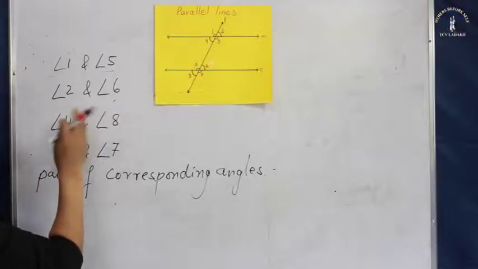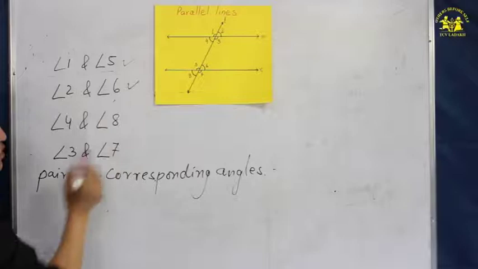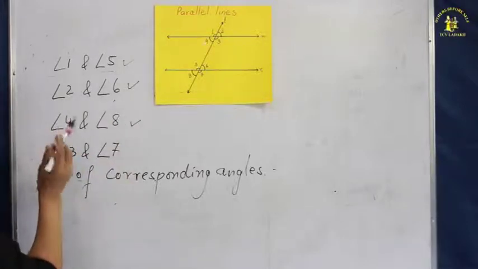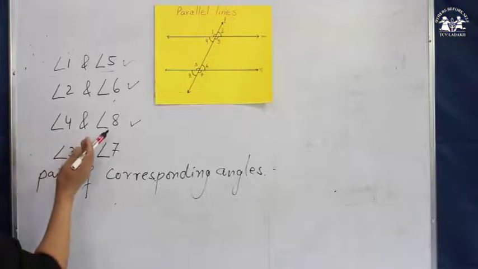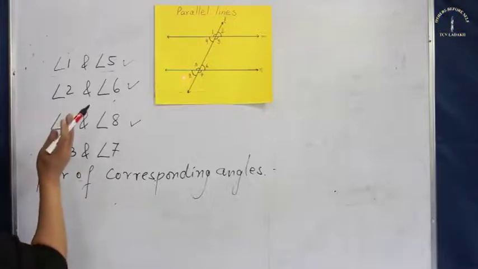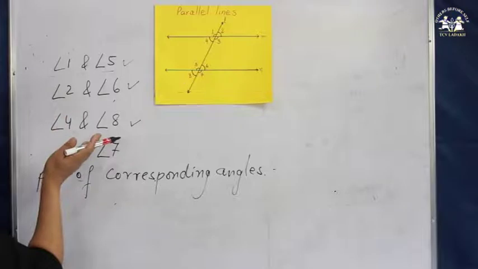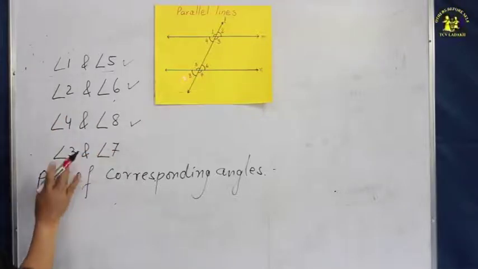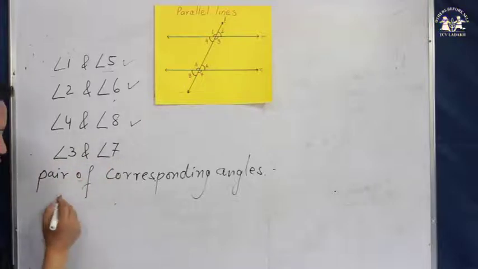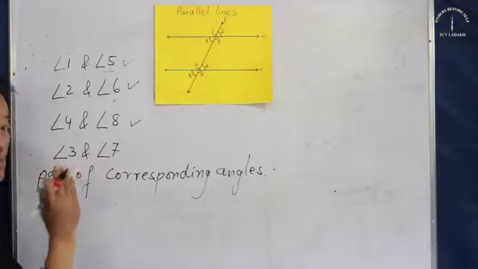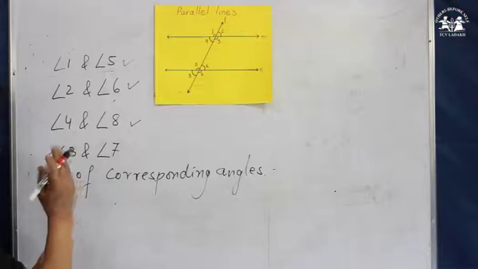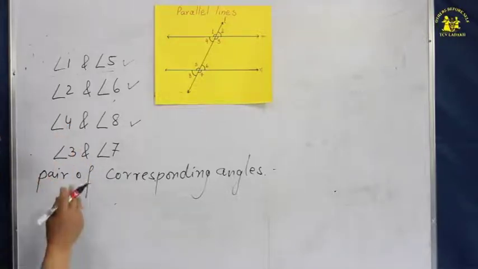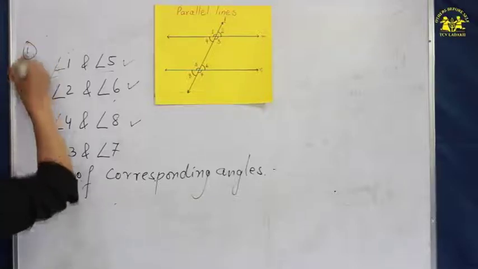The same is the case with angle 4 on the left hand side and angle 8 also on the left hand side. Angle 4 is on the bottom of the given line, and angle 8 is on the bottom. So corresponding angles you'll find on the same side, in the same direction of the given lines. This is the first pair, the pair of corresponding angles.